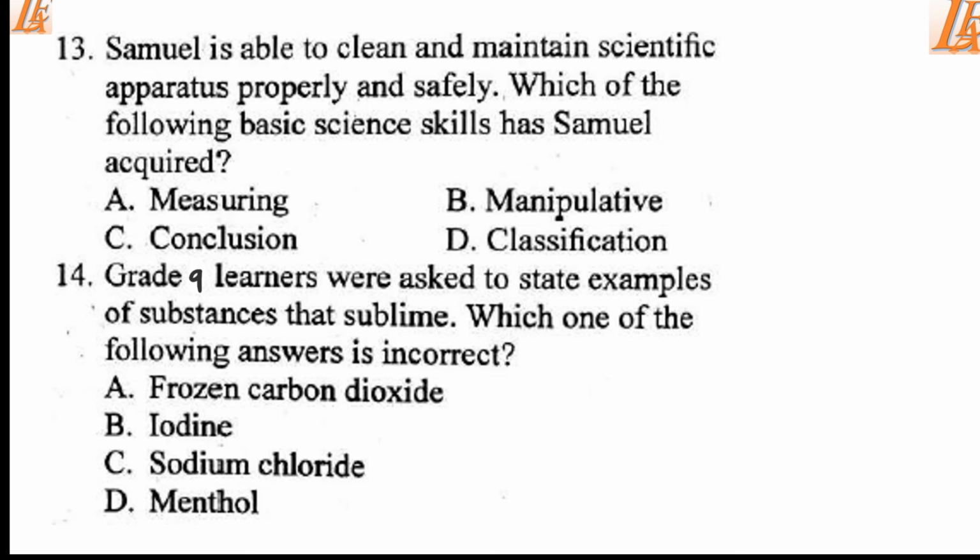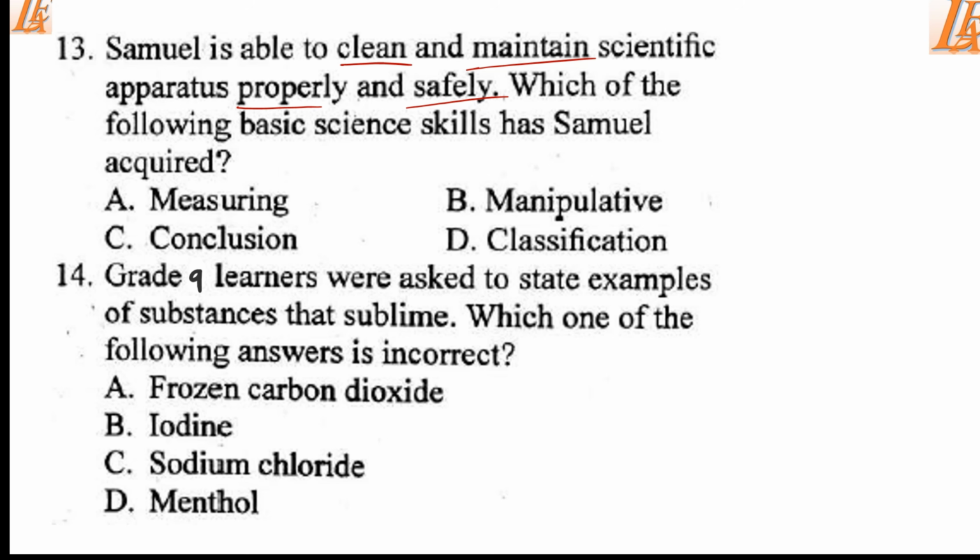Question 13. Samuel is able to clean and maintain scientific apparatus properly and safely. Which of the following basic scientific skills has Samuel acquired? Let's start with A, measuring.